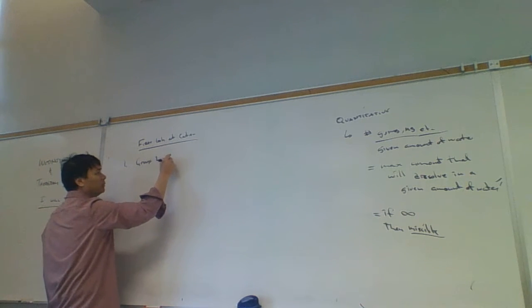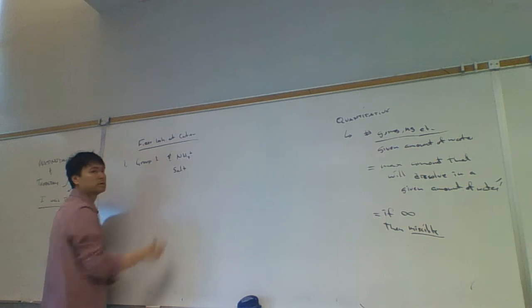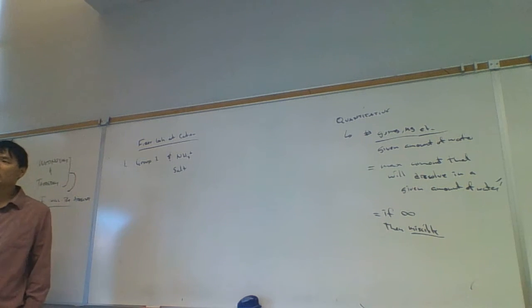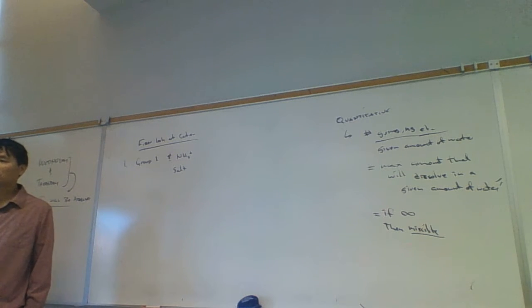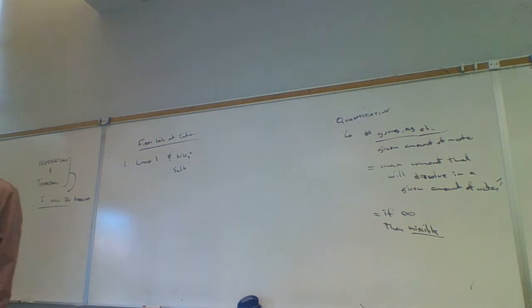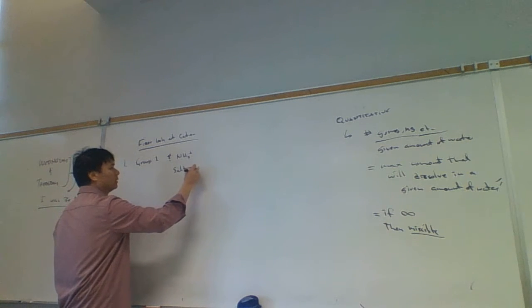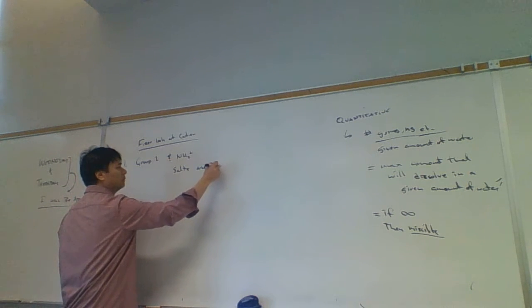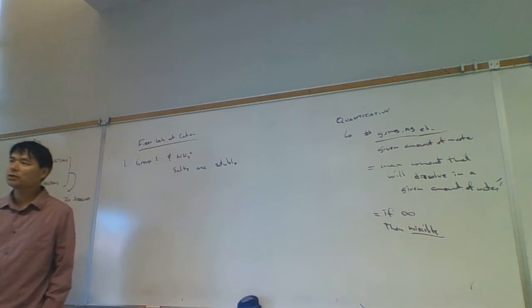Group 1 and ammonium salts. What is a salt? A salt is a compound of a cation and an anion. That's not an acid. If the cation is H+, then we call it an acid. If the cation is anything else, we call it a salt. And so group 1 and ammonium salts are soluble. So it doesn't really matter what it's attached to.